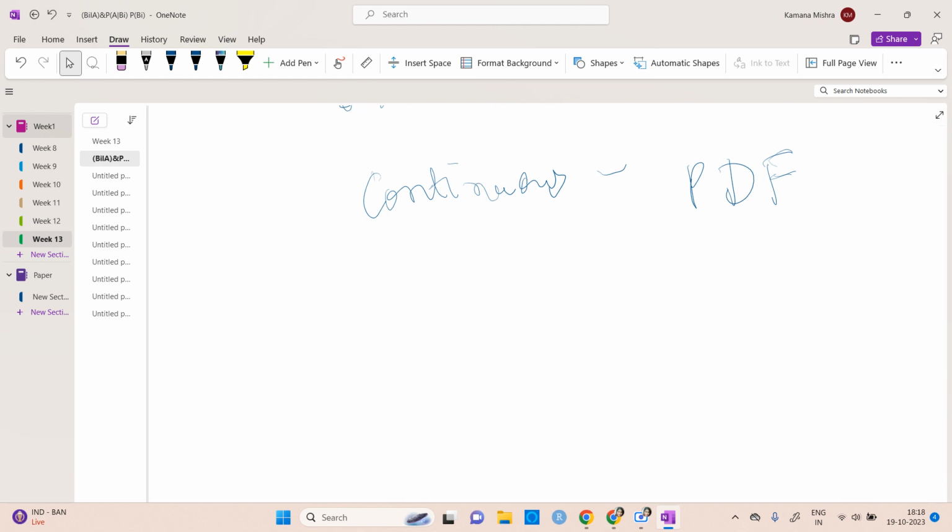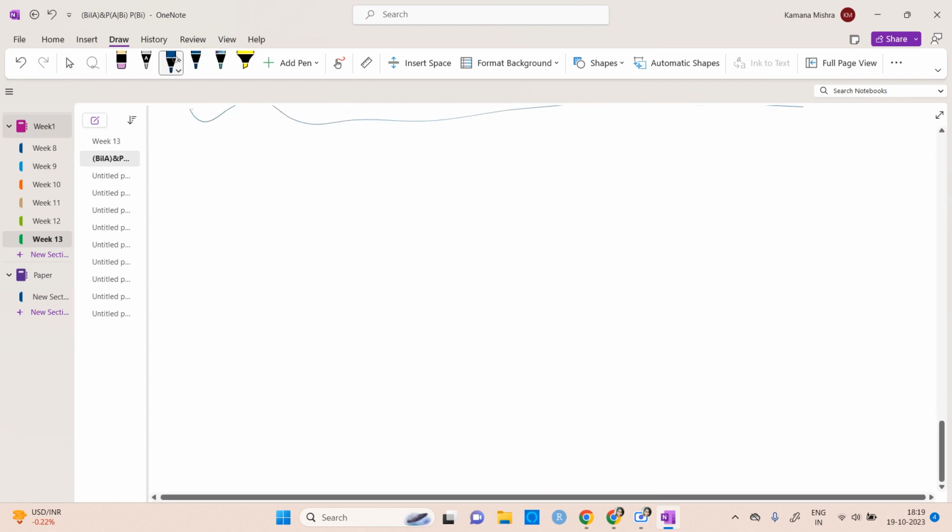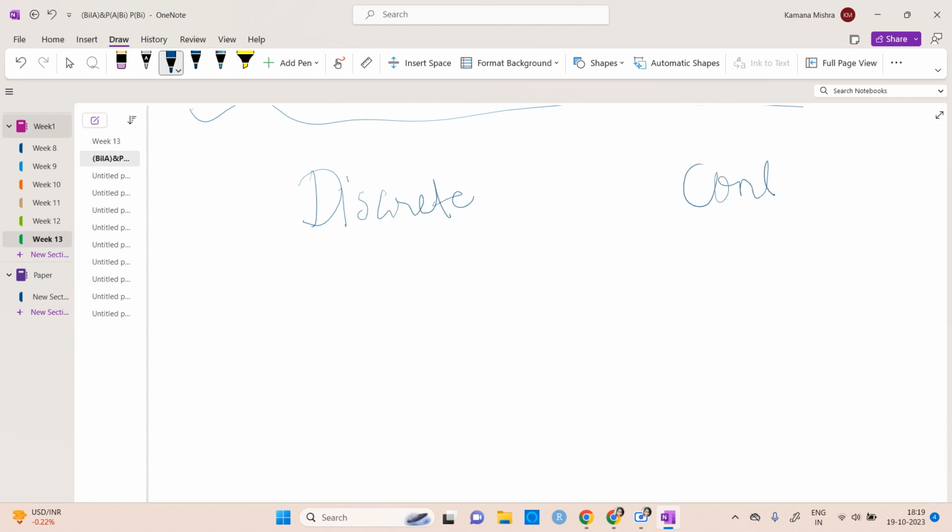Okay, and then we have, let's say, expectation. So expectation of x, where x is any random variable. Let me write it like this: discrete and continuous. Here we have PMF, here we have PDF.